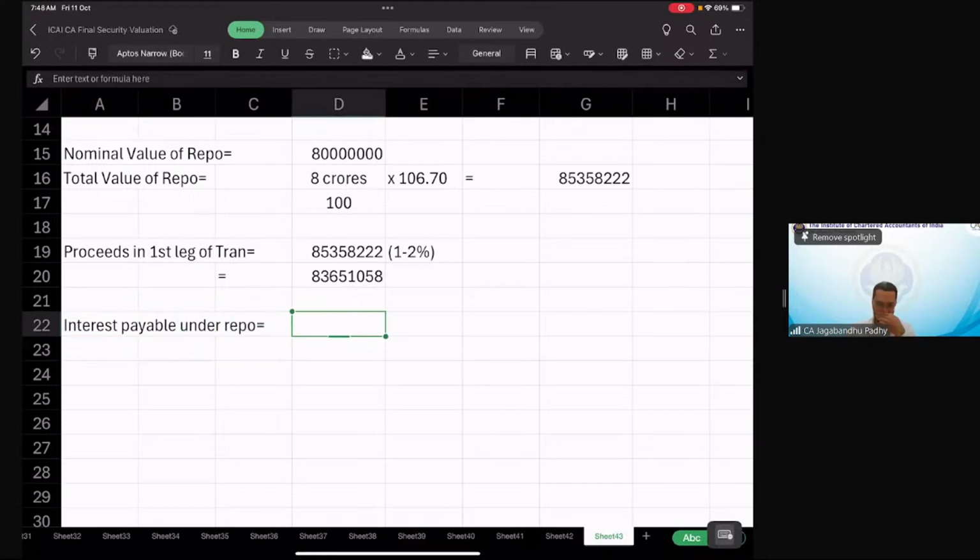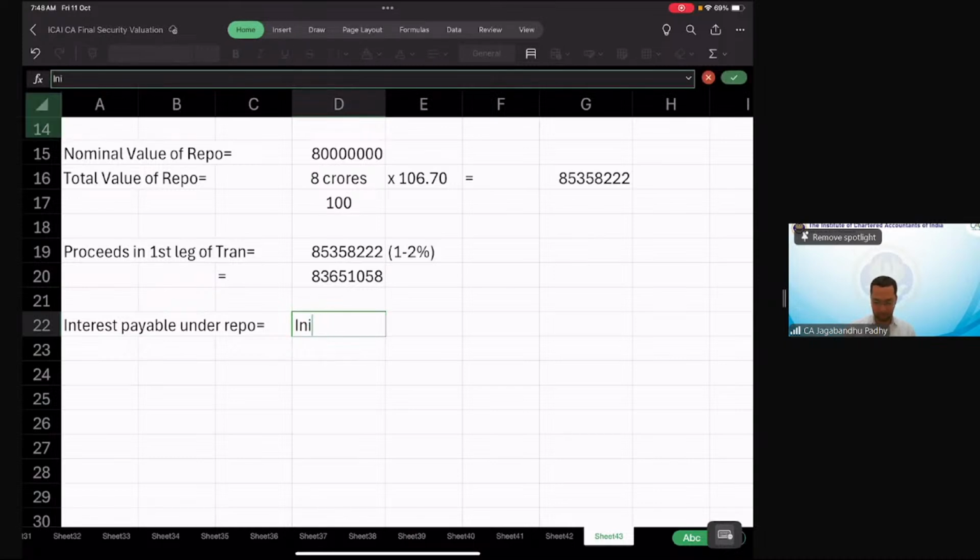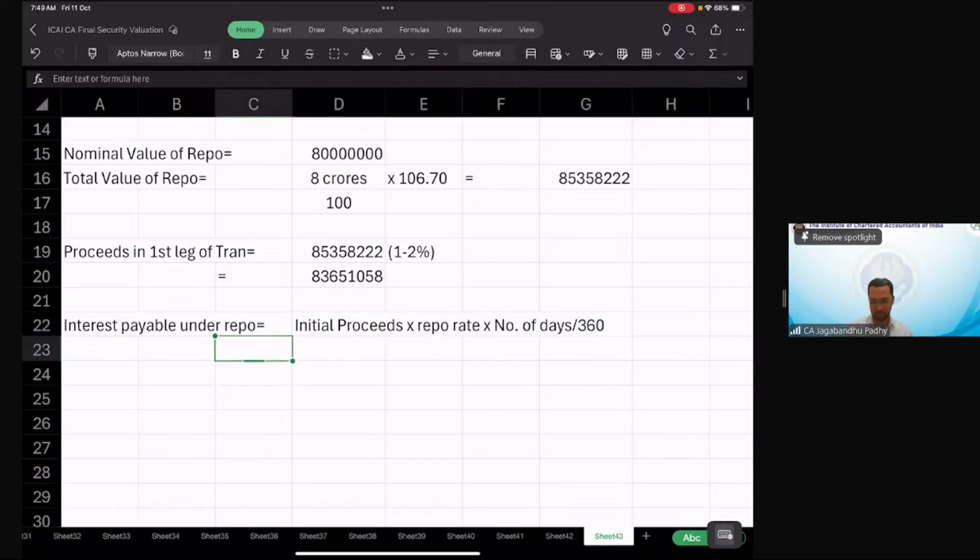Interest payable under repo will be initial proceeds multiplied by the repo rate, again multiplied by number of days divided by 360.